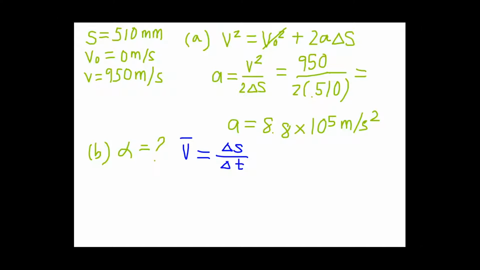It is at the same time also equal to v plus v naught over 2, the sum of both velocities divided by 2, a general average formula, if you will. And v naught in this case would again be 0, so we do not account for it. We can rearrange the equation further to find a value for delta t. Delta t would equal t because, considering t initial to be 0, t final minus t initial is just t. So that would be 2 delta s over v plus v naught.